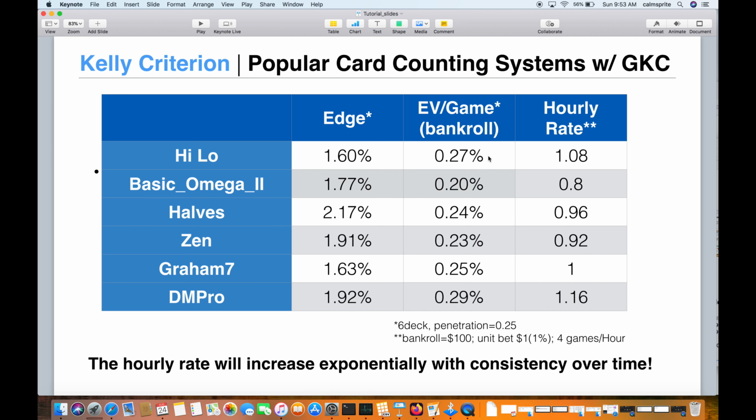Considering the skipped rounds, the expected value is another indicator to judge. The initial hourly rate is around $1 given $100 bankroll, which seems not too high, but if the player can stick to 1% base bet of bankroll, the hourly rate will increase exponentially with consistency over time and become significant.